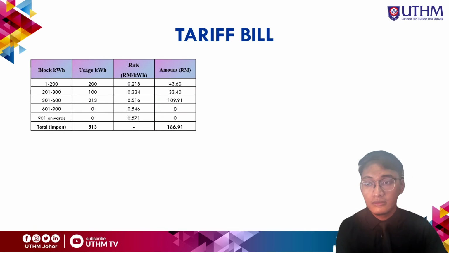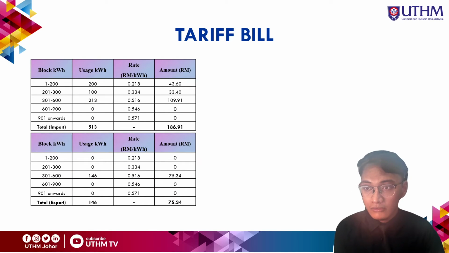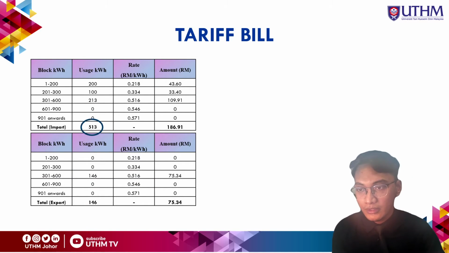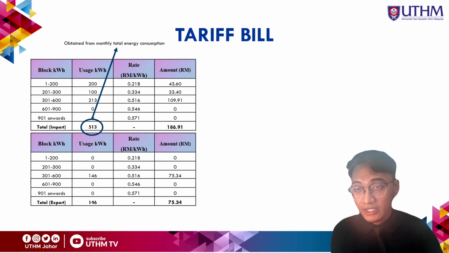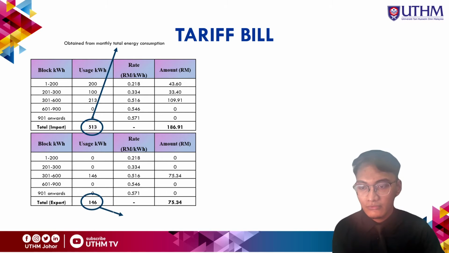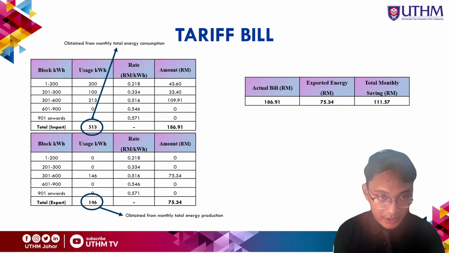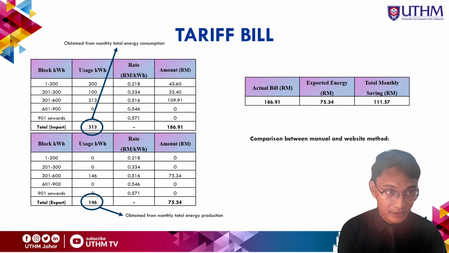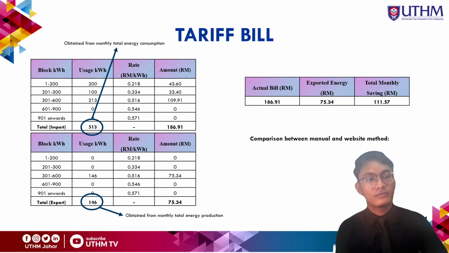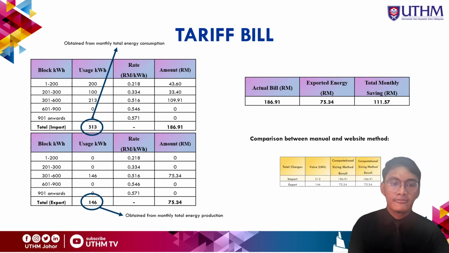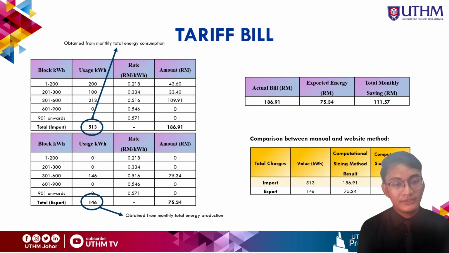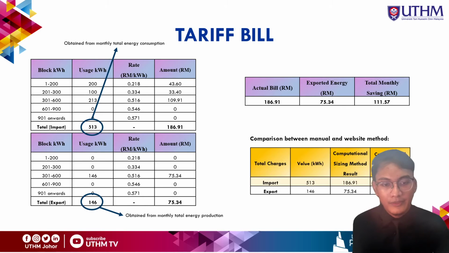For the tariff bill, we get total import 513, which we obtain from monthly energy production and monthly energy consumption, the previous one, and 146 we got from monthly energy production. So the actual bill we got is like this, and the spotted bill and total saving we have saved 11.57. And the comparison between manual and website is also the same for import and export.